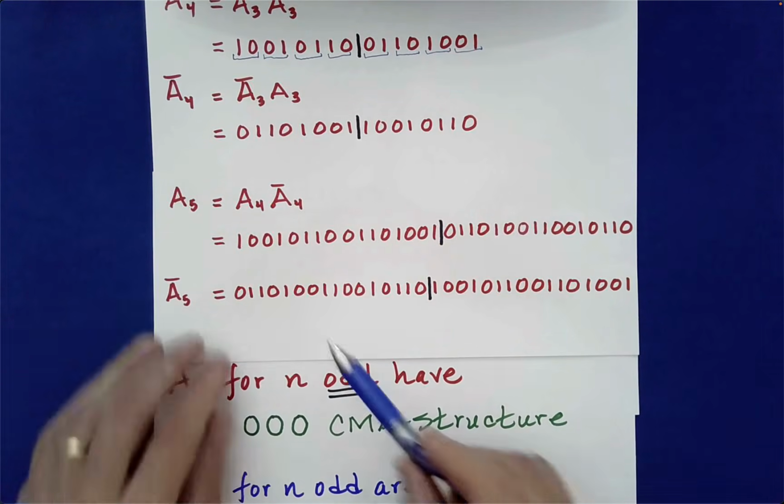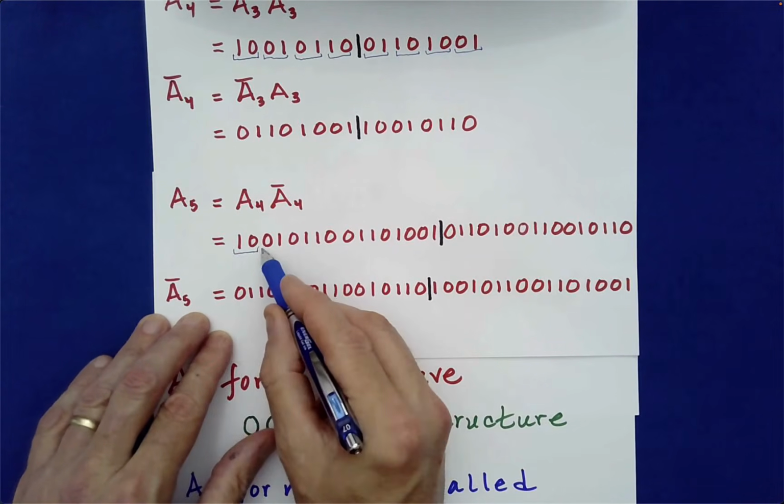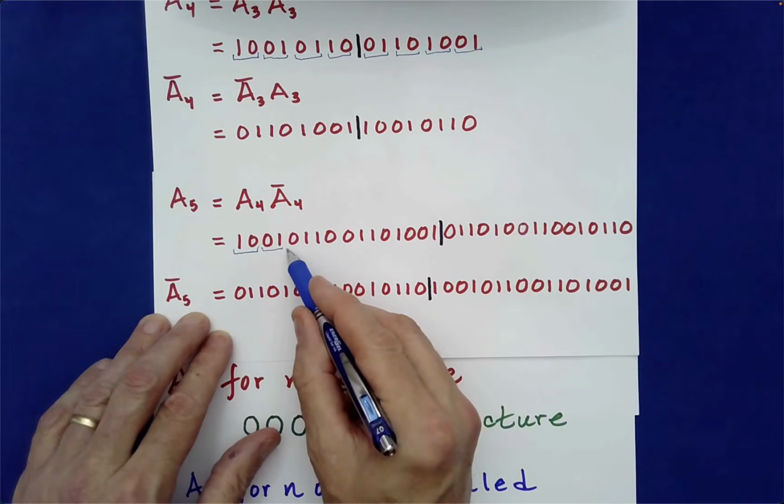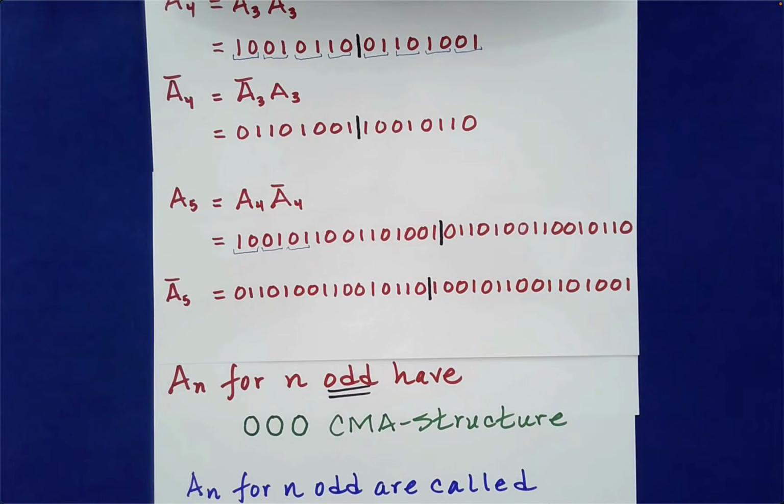Now in AMP, this is where you take them in pairs. Remember, we just talked about that a moment ago. These will always be of opposite value as you move from left to right. So that just shows you that for an odd power of 2, the CMA structure for such a sequence will always be an OOO.